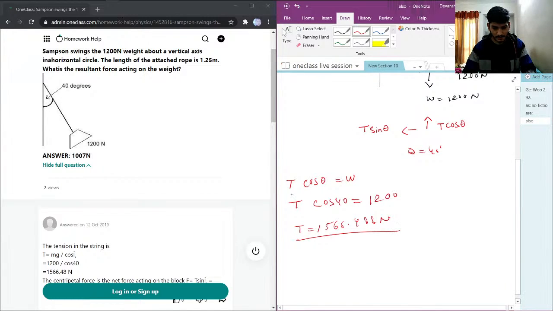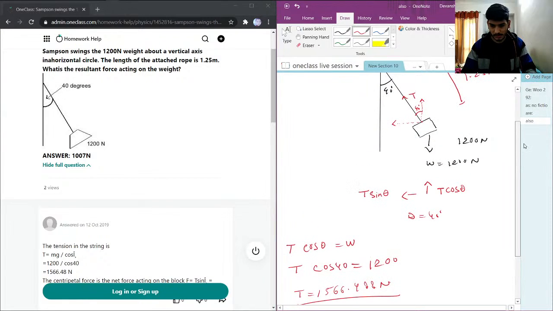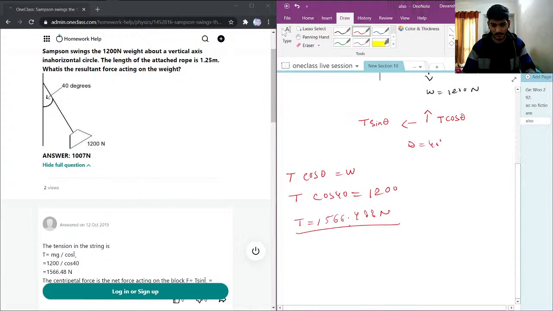So we have T. Now we need to find the centripetal force. The centripetal force is going to be this one. The T sine theta is going to be the centripetal force.